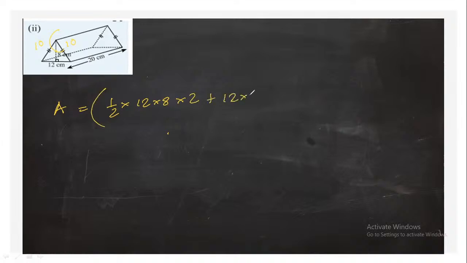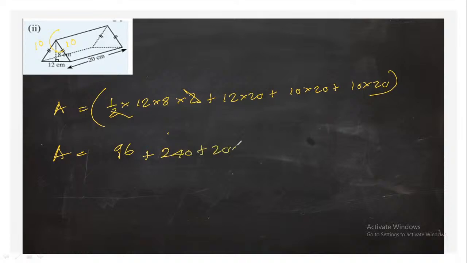Plus 12 into 20 plus 10 into 20 plus 10 into 20. 12 times 8 is 96, plus 240 plus 200 plus 200.